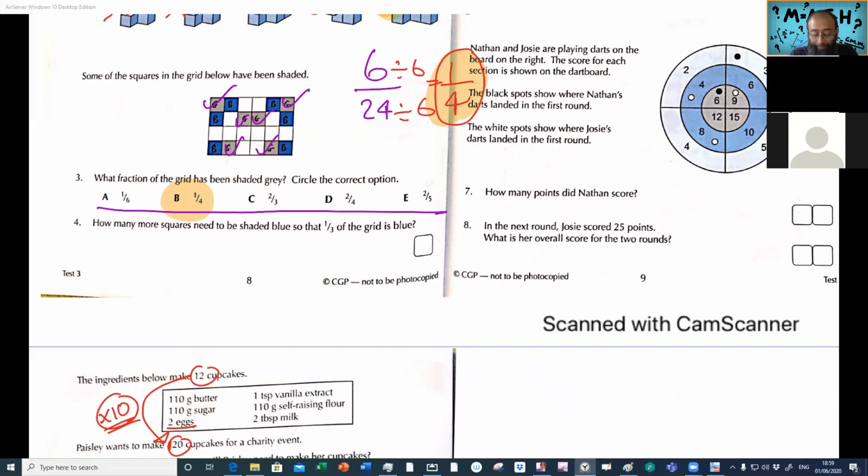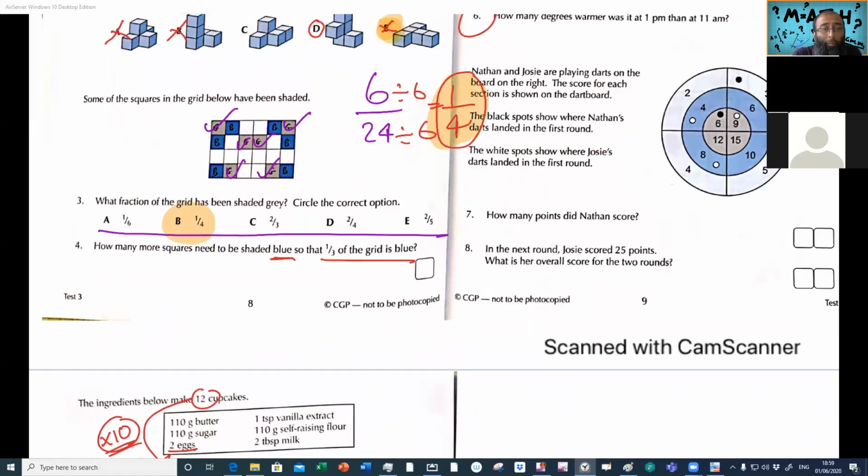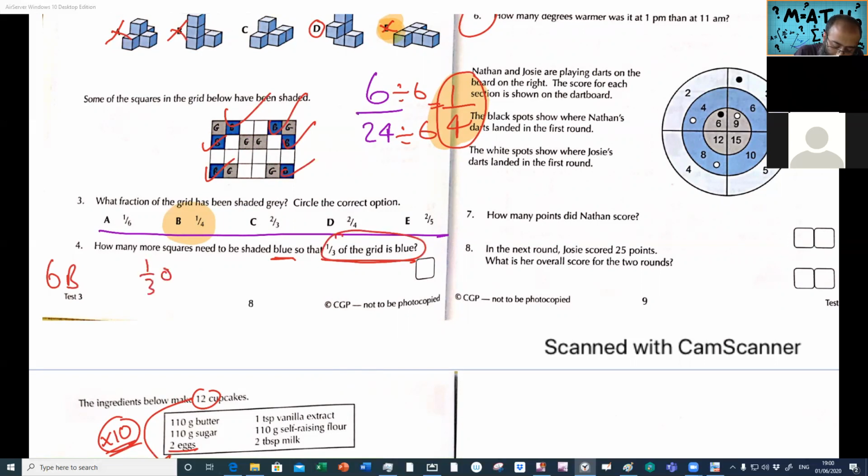The next question, how many more squares need to be shaded in blue so that 1/3 is blue? So let's count how many blue ones we have first of all. Blue ones, we have 1, 2, 3, 4, 5, and 6. We have 6 blue. If you want 1/3 blue, we need to work out 1/3 of the total.